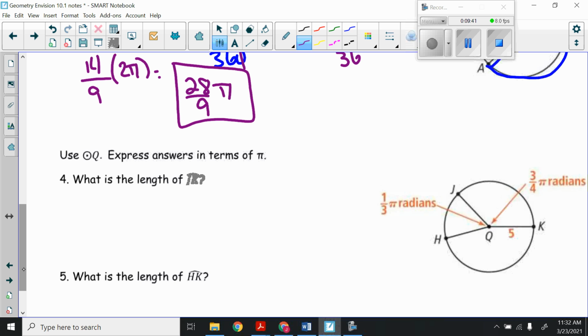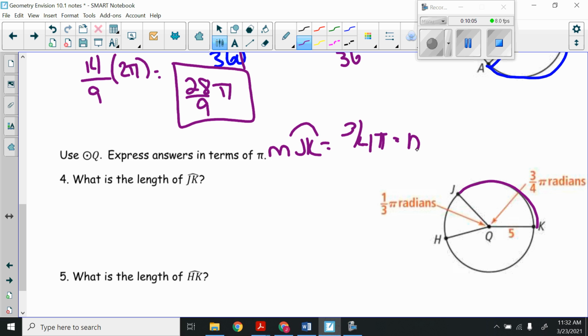Number 4 says use circle Q, express the answers in terms of pi. So again, no decimals. What is the length of arc JK? So let's find the measure of arc JK. That is the same as my angle in there, which is 3/4 pi. So that's my theta.